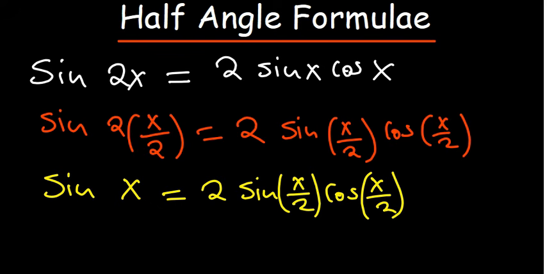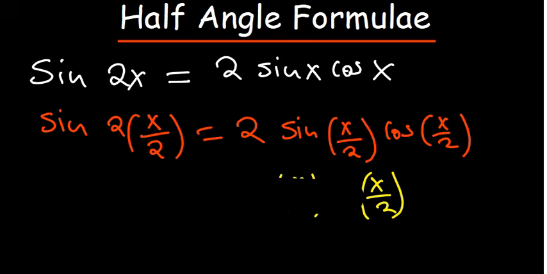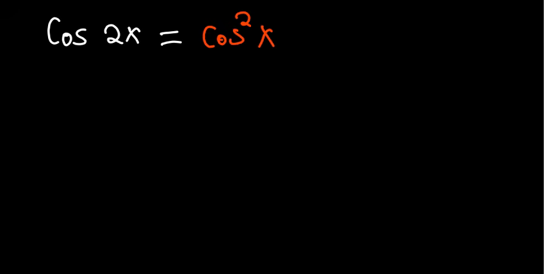Now that we have the one for sine, let's derive one for cosine. What do we expect to have? Understand what cosine of 2x is: it was cos squared of x minus sine squared of x.